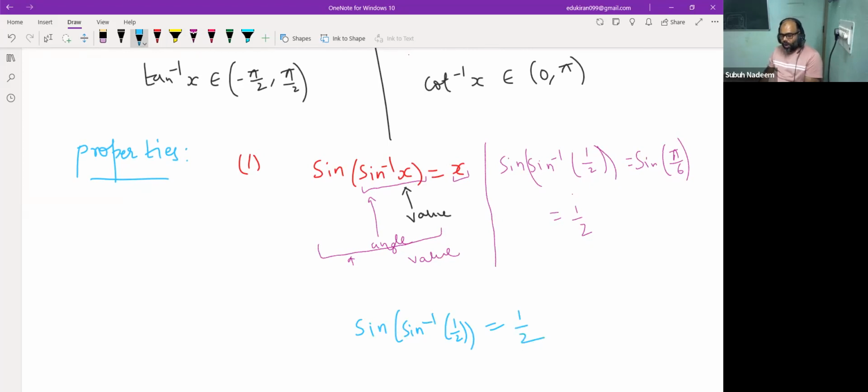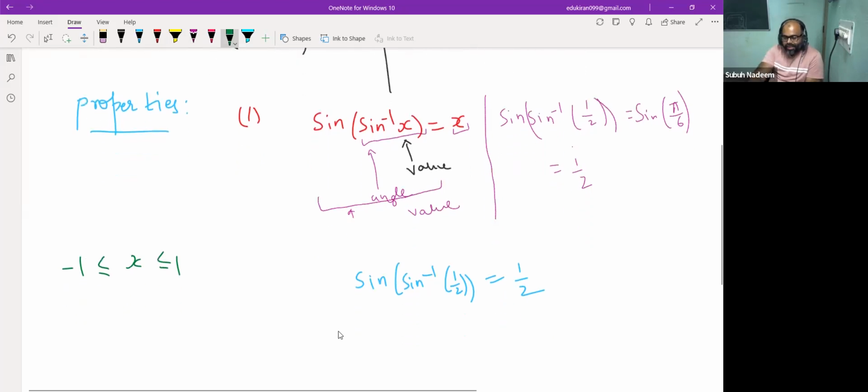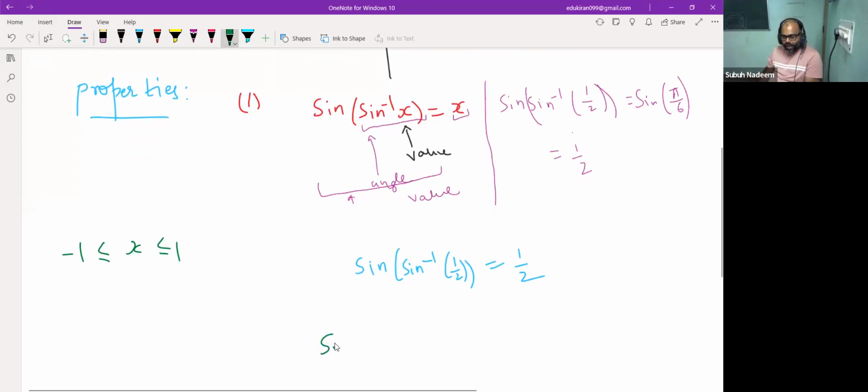But one thing which you have to keep in mind here is the condition. What is the condition? That this value x must be between 1 and -1. Otherwise, there is no angle for which you can get x. For example, if someone says find the value of sine of sine inverse of 3, don't say that it is 3.